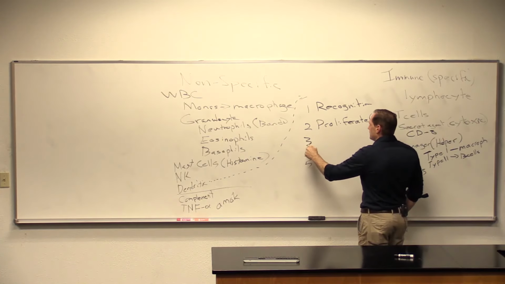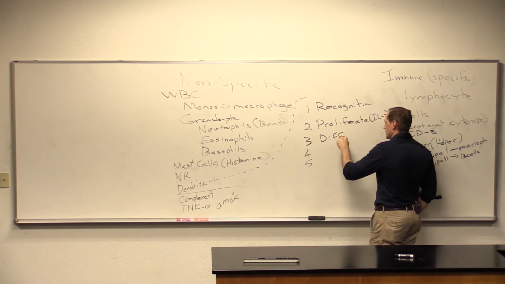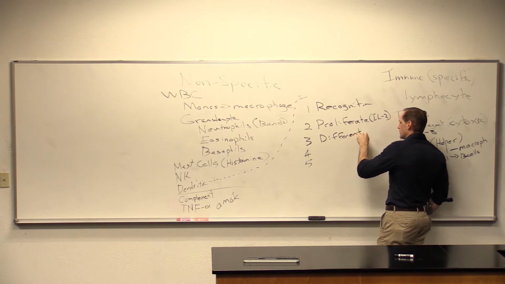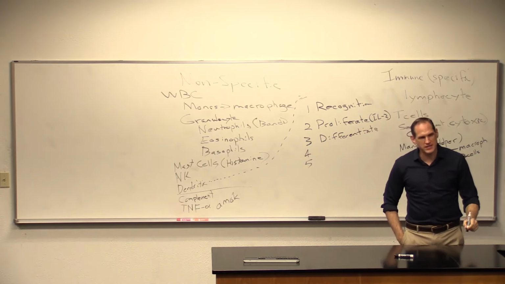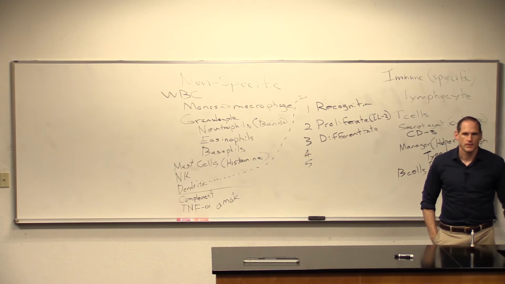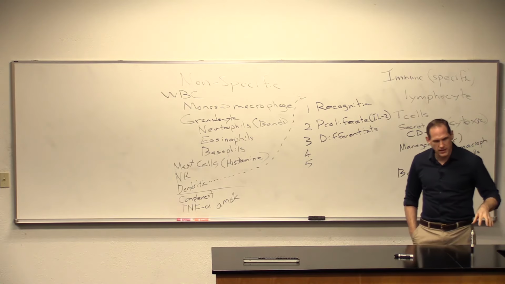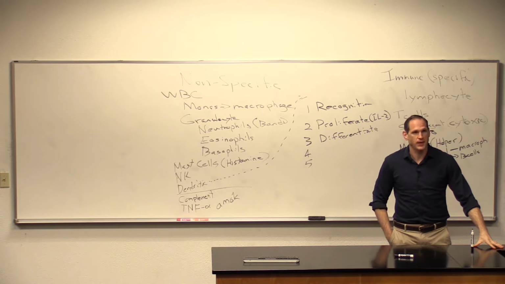Step number 3 is differentiate. What does that mean? Differentiate is a fancy schmancy word that means mature. So it is no longer going to be an immature, naive T cell. It is going to become a fully mature killing machine, or managing machine, as the case may be.